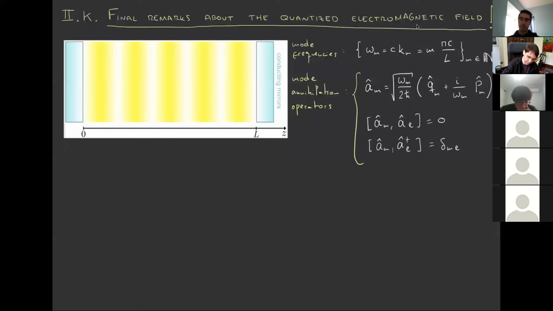Now, how about the fields? So we have several important fields. First, the vector potential, which is now a quantum mechanical operator, A. And we saw that it can be written in terms of the annihilation operators in the following way.